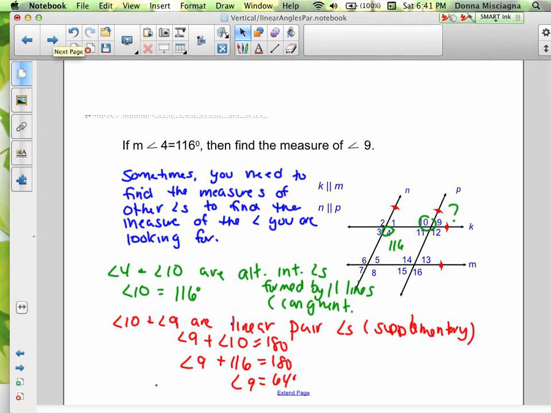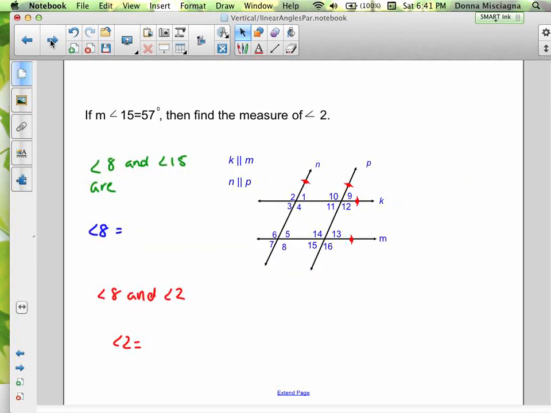And there we go. We have found the measure of angle 9 by using relationships. We had to use two relationships, because angle 4 and angle 9 really don't have a direct relationship that we can justify, but 4 and 10 do, and 10 and 9 do. Sometimes we'll just find the measures of other angles. That's easy enough.